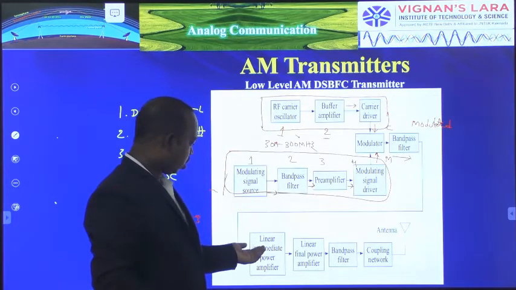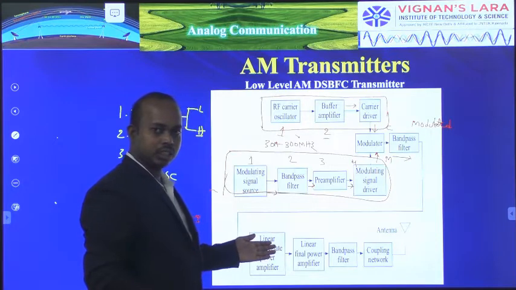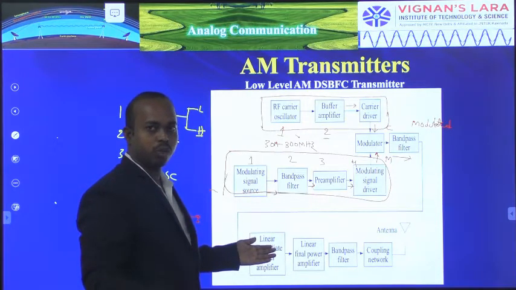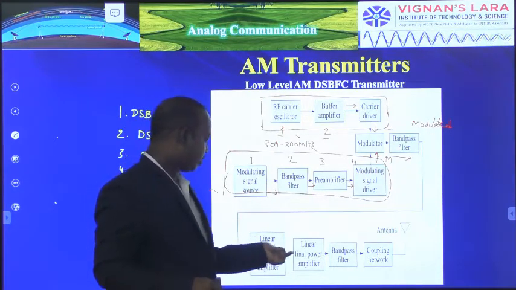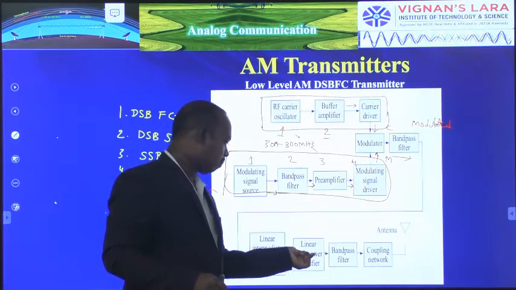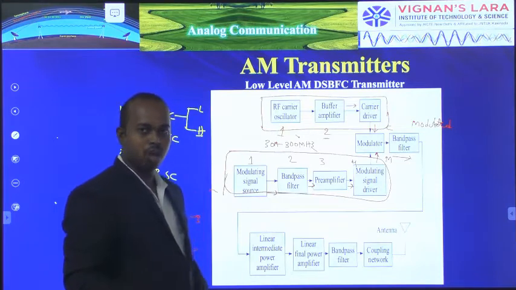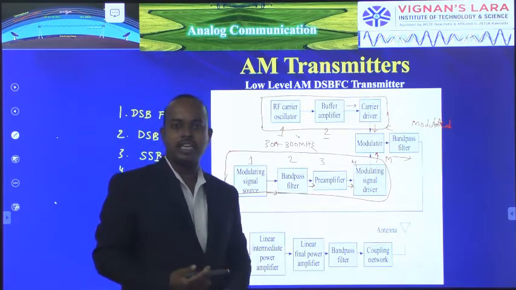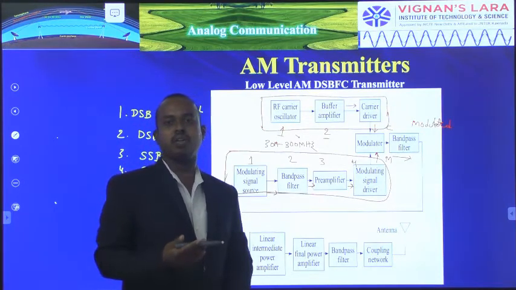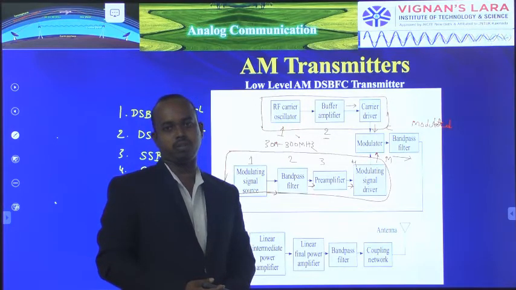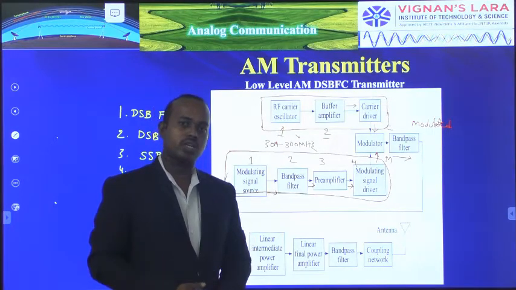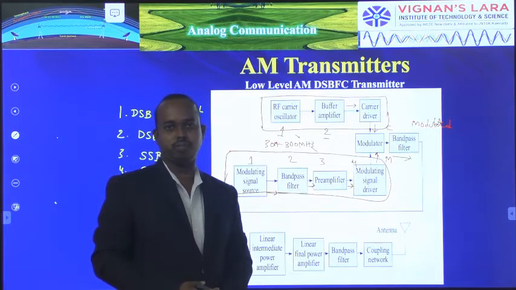Then, after applying the increased power to your modulated signal, it is sent to the linear final power amplifier. Why use a linear power amplifier? Because whatever source you assign at the input side, the same quantity is increased at the output. For that you have to assign the same quantities.